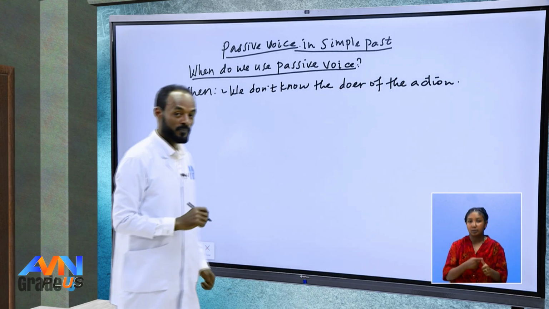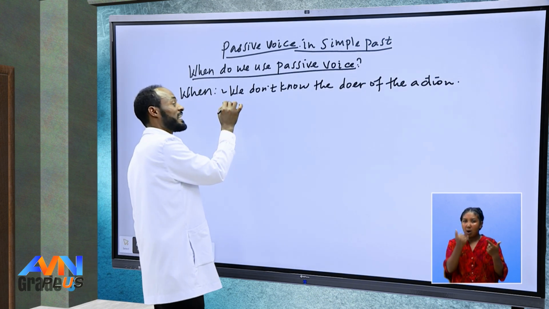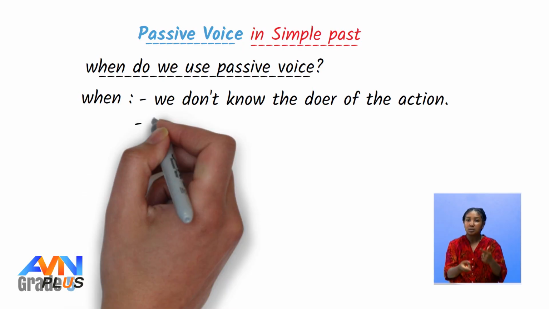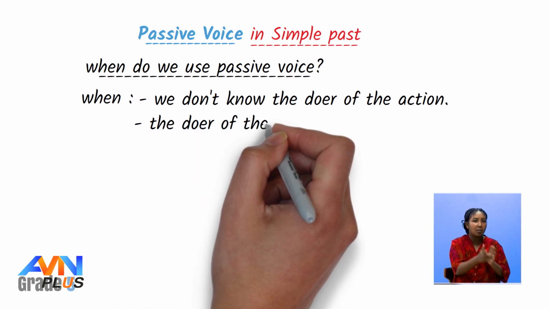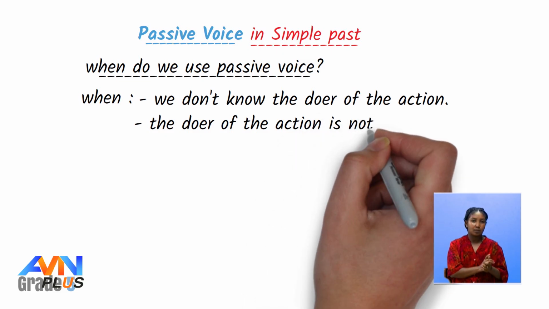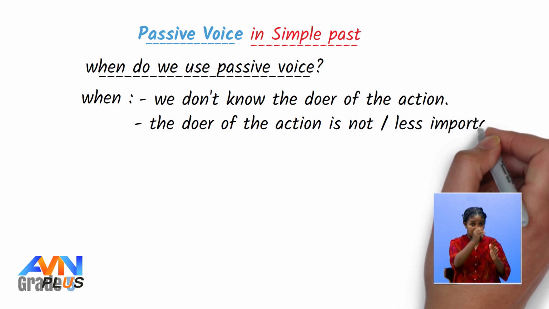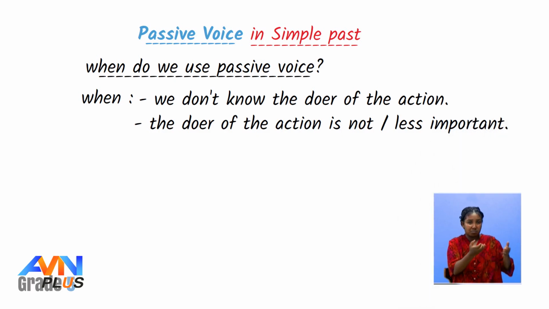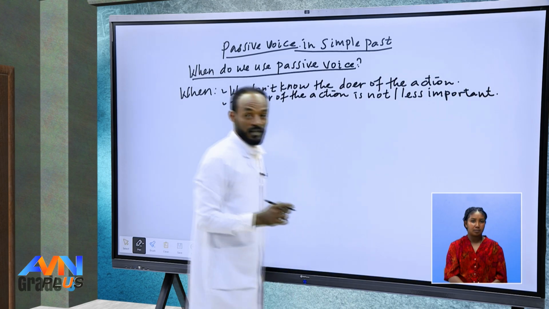One. What about another concept here? When the doer of the action is not important. Is not or less important. Is it clear?